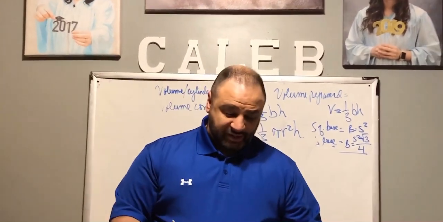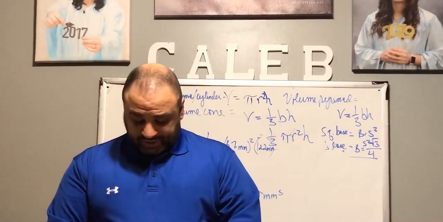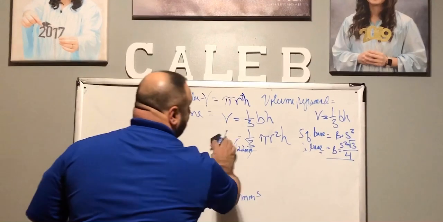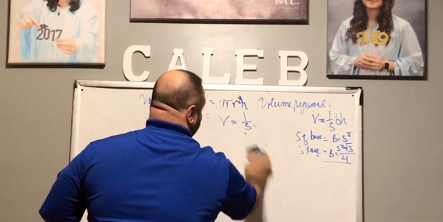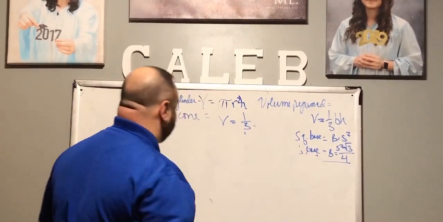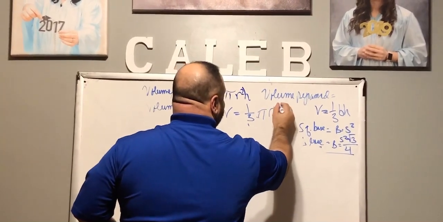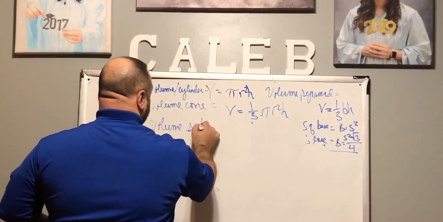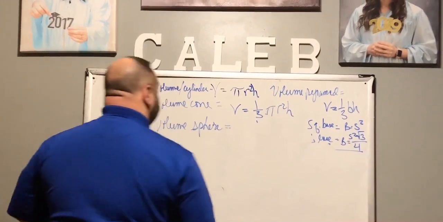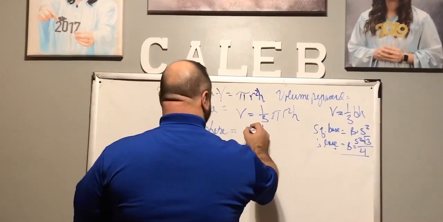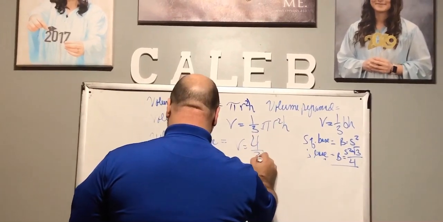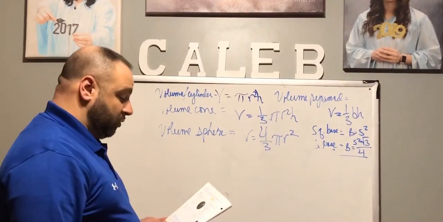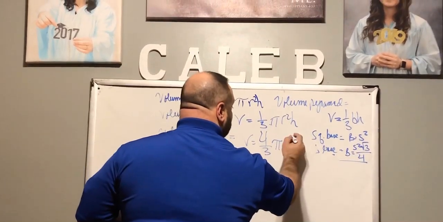Let's turn the page, and we'll close with this last page here, page 41, which is simply the volume of a sphere. So the volume of a sphere is simply volume equals 4/3 times pi times r cubed.